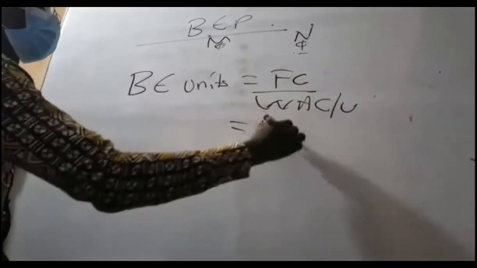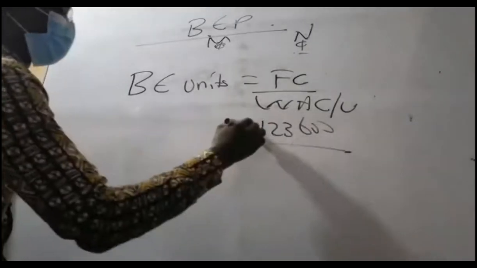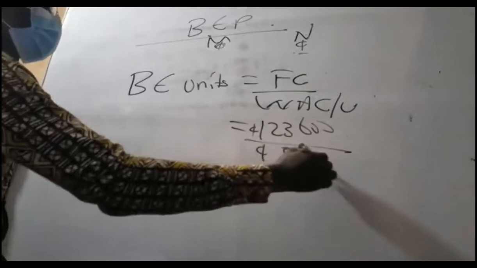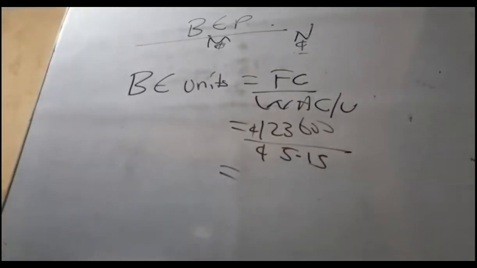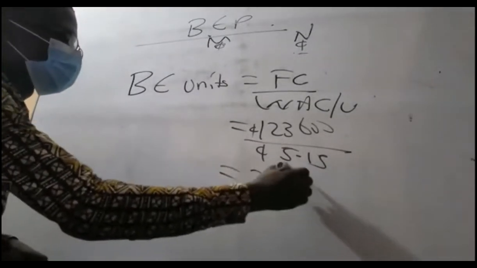The next line: I'm now calculating break-even unit, which is equal to fixed cost over weighted average contribution per unit, which is equal to fixed cost 123,600 divided by 5.15, and the answer will be 24,000 units. I like that. 24,000 units.